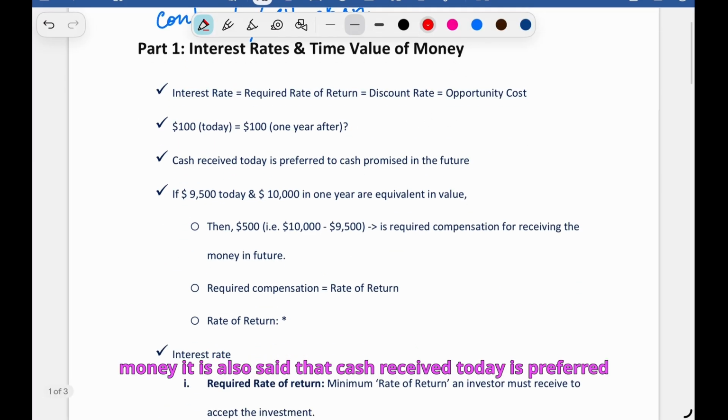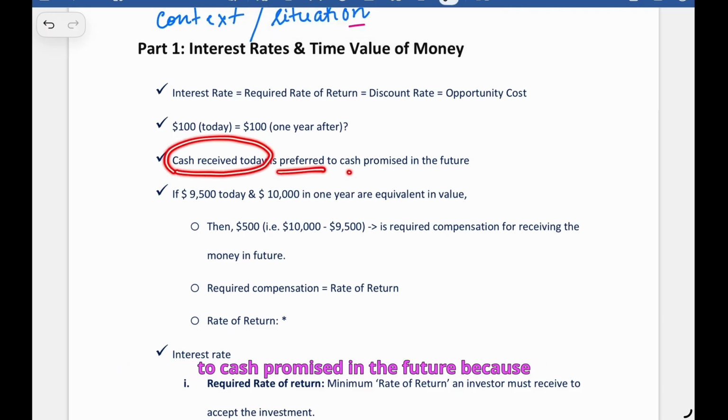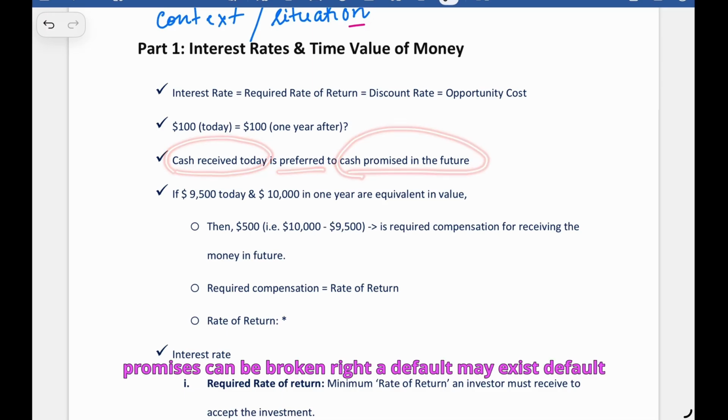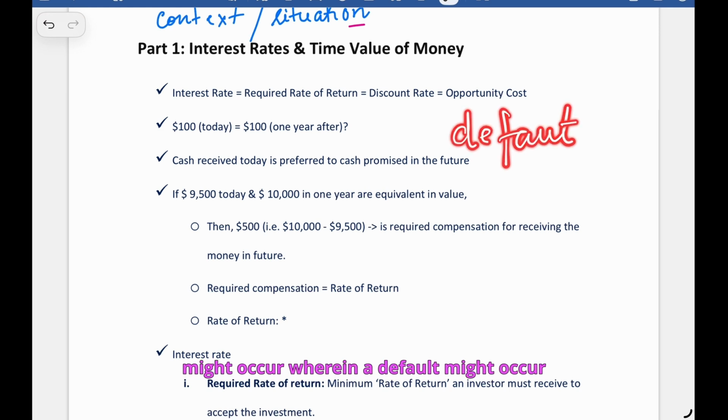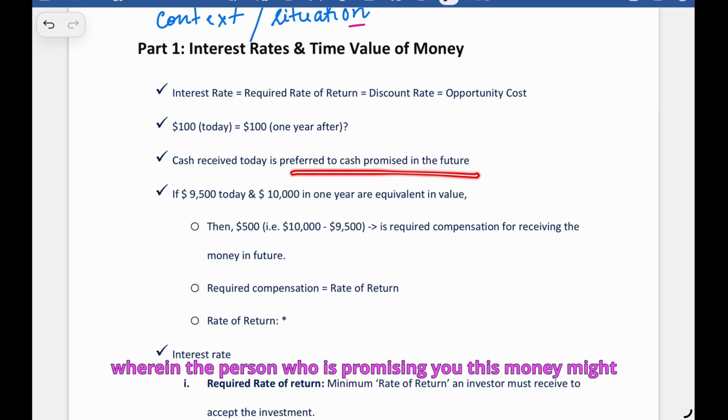As per time value of money, it is also said that cash received today is preferred to cash promised in the future, because promises can be broken, right? A default might occur, wherein the person who is promising you this money might not pay.